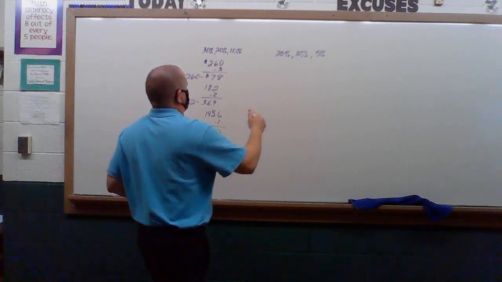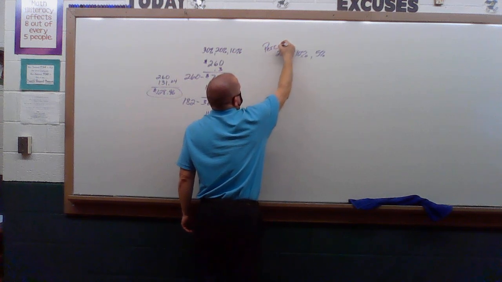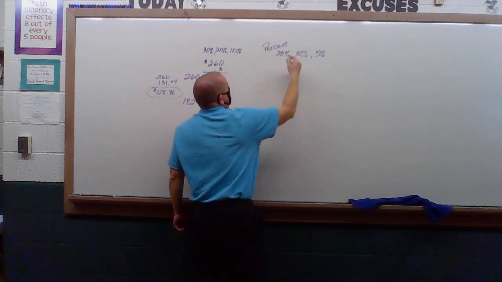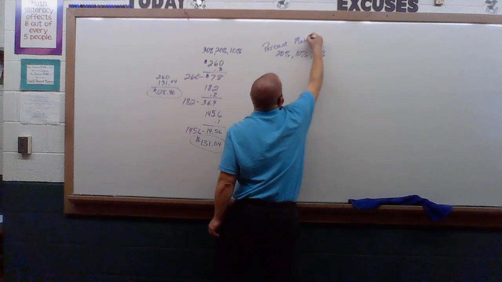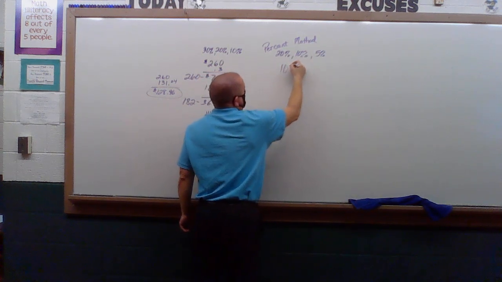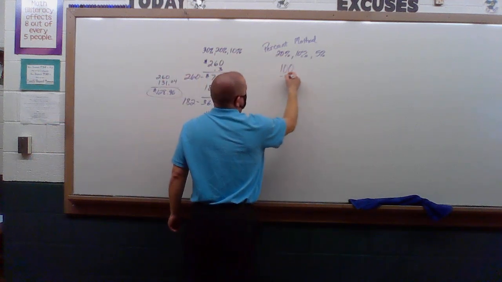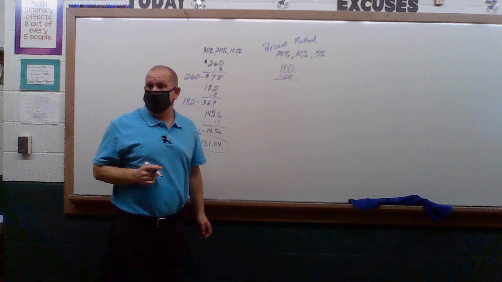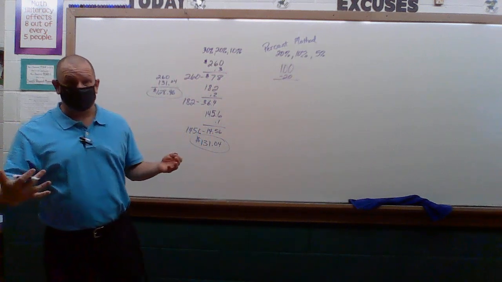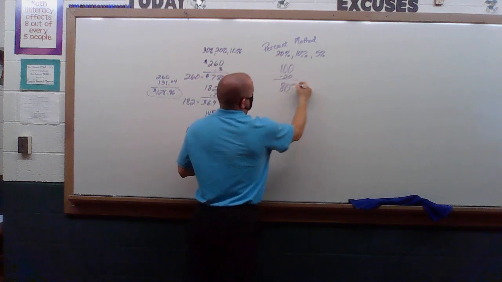Okay, so my percent method is this. I'm always going to start at 100, and I'm going to take the first percentage and just subtract it straight up from 100, because 100 is where I'm going to start from, right? So 100 minus 20 in our case is 80%.